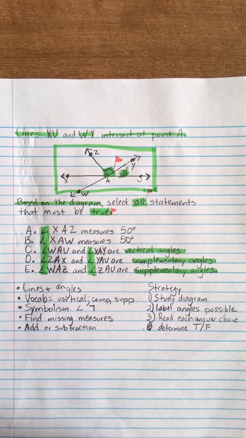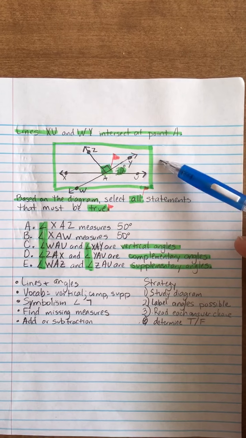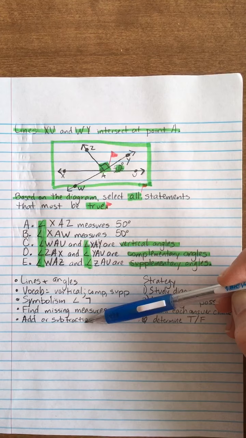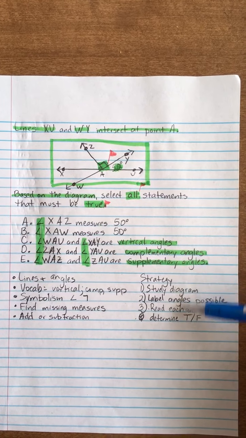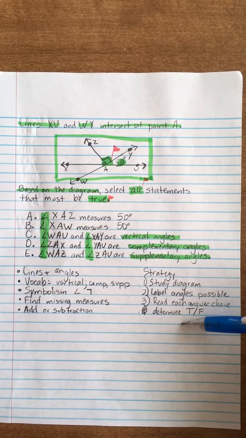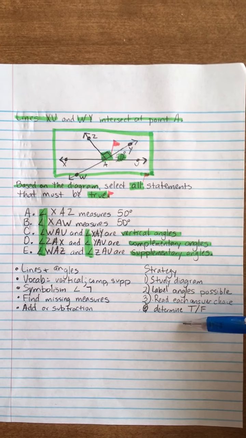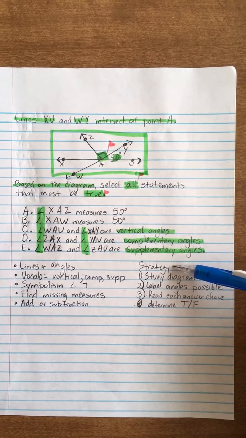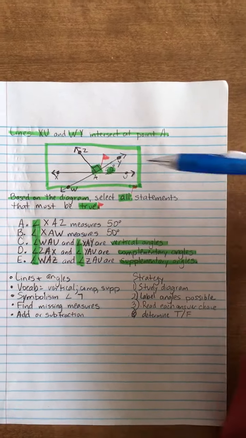So here is what I believe to be, again, our keywords, our red flags, the skills that we need for today's question, and a strategy that I'm going to use to answer today's question. So now I'm going to work through today's question with you. The first thing that I said I would do would be to study the diagram.